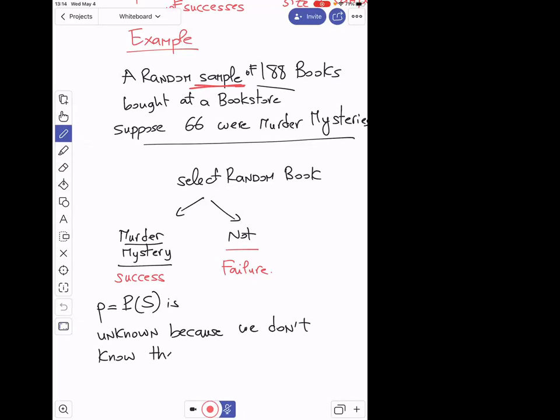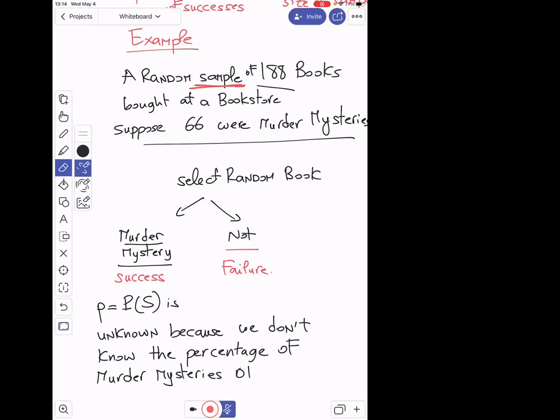Because this percentage would be your probability of success: the percentage of murder mysteries in all the books at this bookstore.